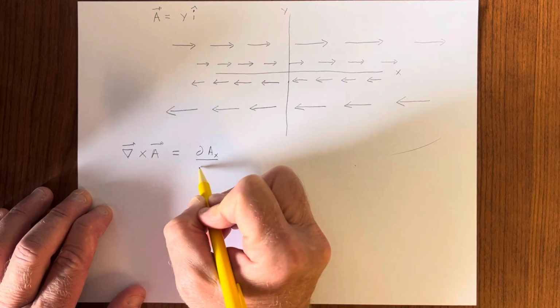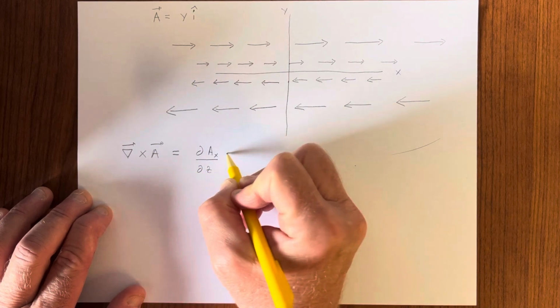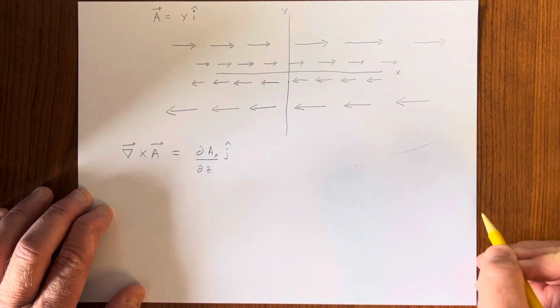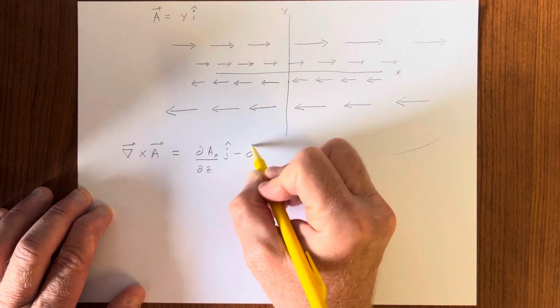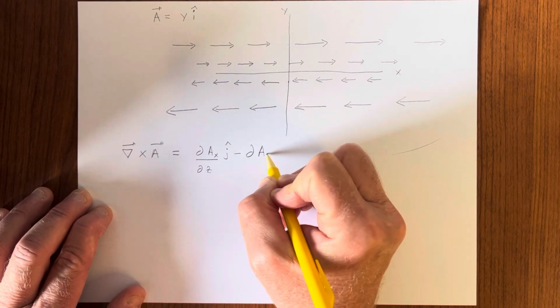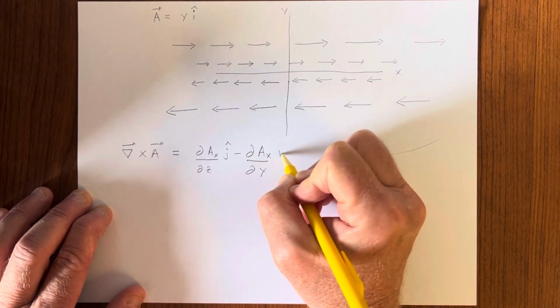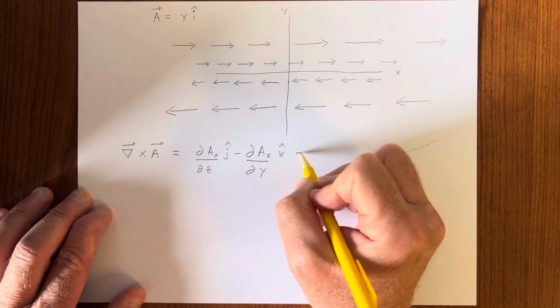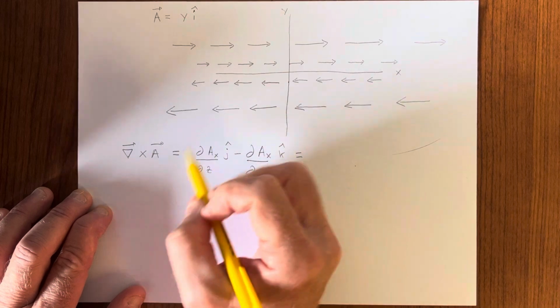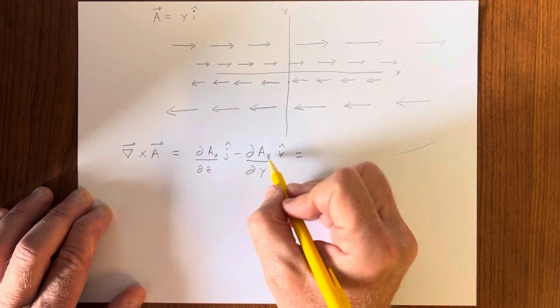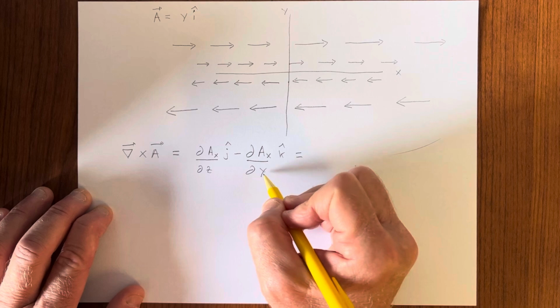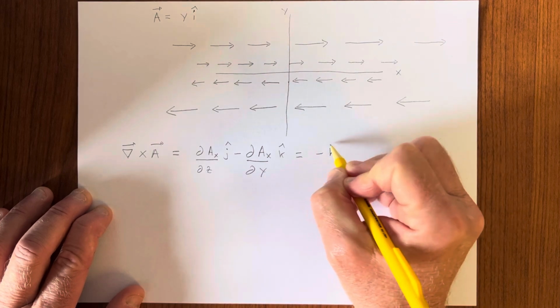The derivative of the x component of A with respect to z, j hat, minus the derivative of the x component with respect to y, k hat. We see this doesn't depend on x, it depends on y. Take the derivative of y with respect to y, that's 1, so we get minus k hat.